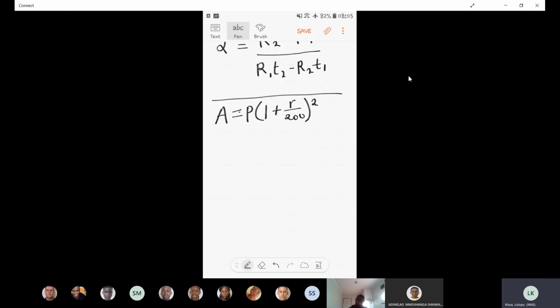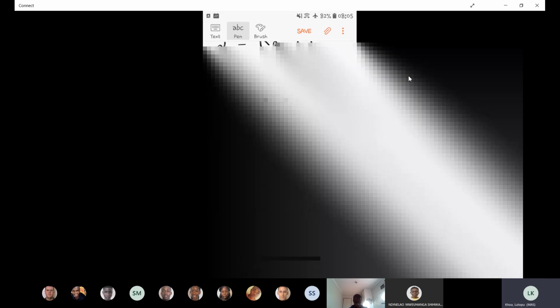But in any case, we're asked to make R the subject of the formula. So first thing we do is divide by P on both sides. So I'll have 1 plus R over 200 squared is equal to A over P.